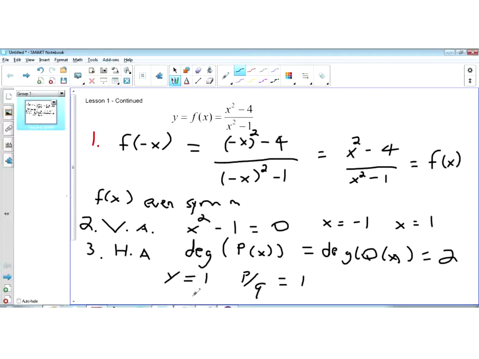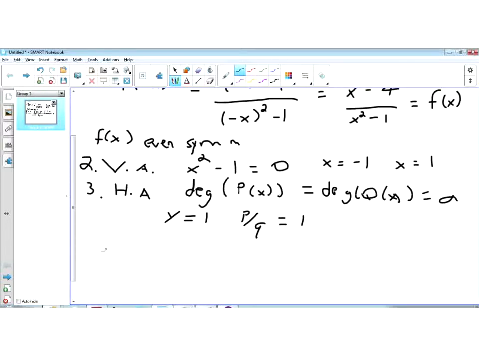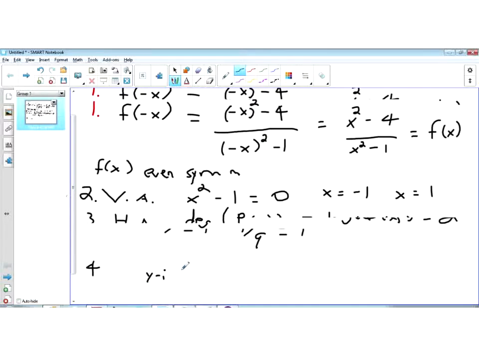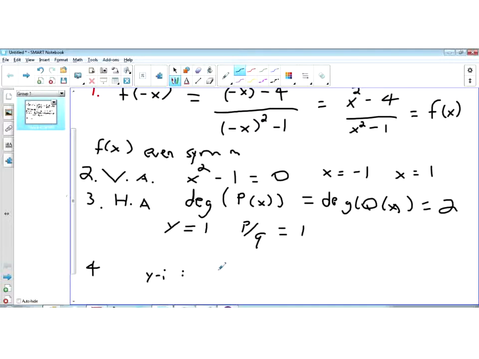Okay, intercepts. So what are the intercepts? Well, we can find the y-intercept by setting x equals 0 in the function, and when we plug in x equals 0, the output is 4. So (0, 4) is the y-intercept of this function. And how about the x-intercepts?